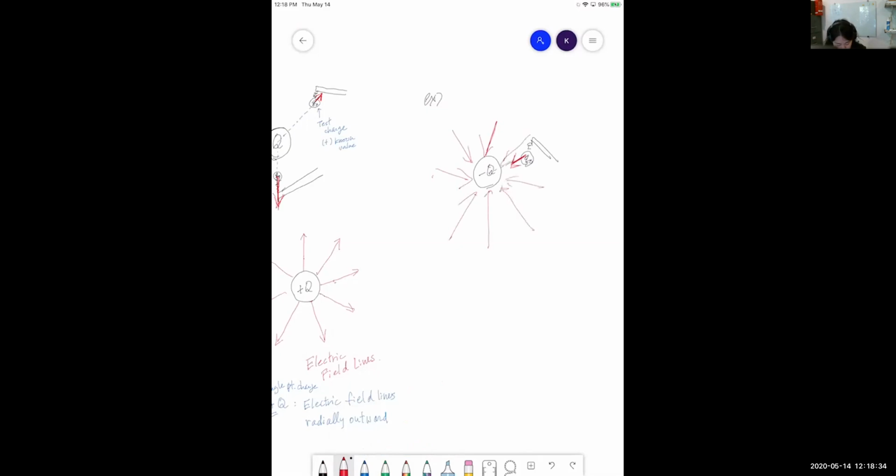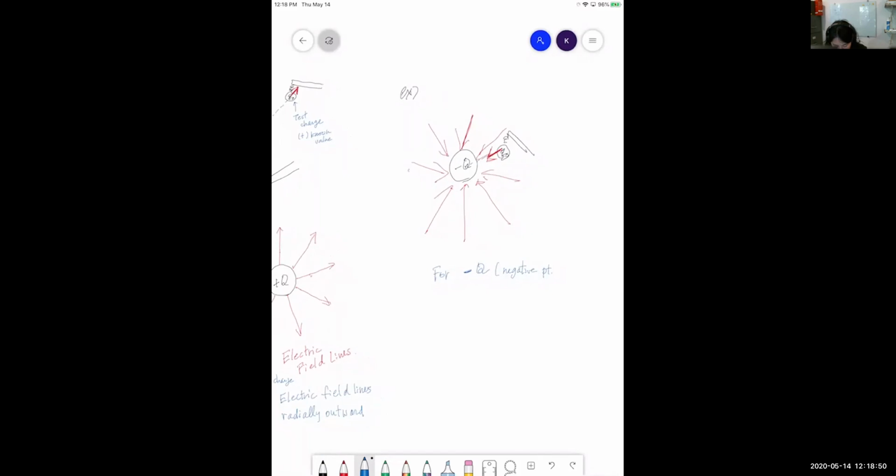So you see for the negative Q, the negative point charge, the electric field lines are radially inward.